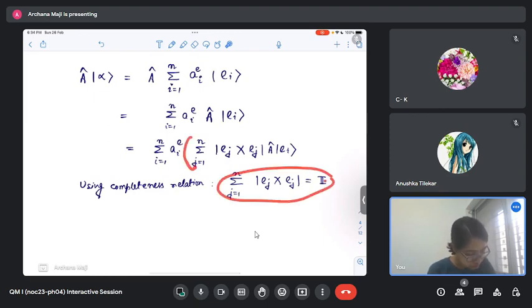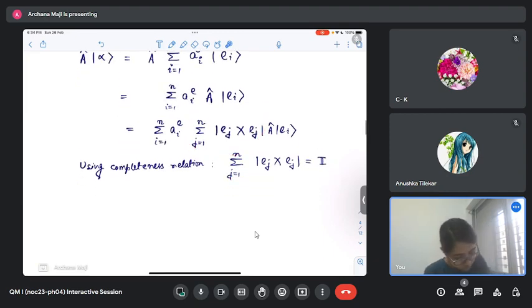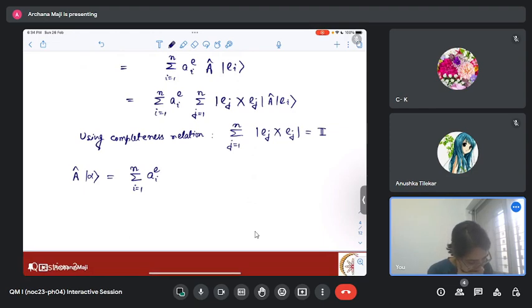So we can just insert that identity here, and what we get is A operator on alpha is equal to summation over, now you can see that this is an element of that operator A written in E basis, so that we can write as A_JI in E basis, E_J.